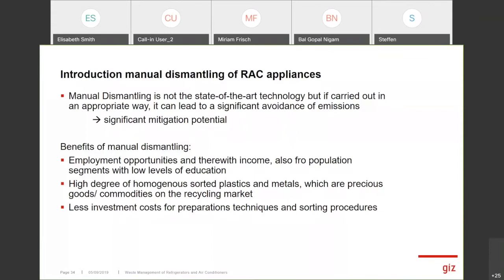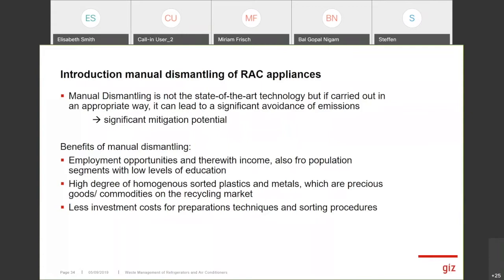Benefits of the manual dismantling is employment opportunities, and with that income also for population segments with low level of education. It is, let's say, very easy to train these people how to carry out end-of-life treatment of appliances and equipment. High degree of homogeneous sorted plastic and metals, which are precious goods, commodities on the recycling market.